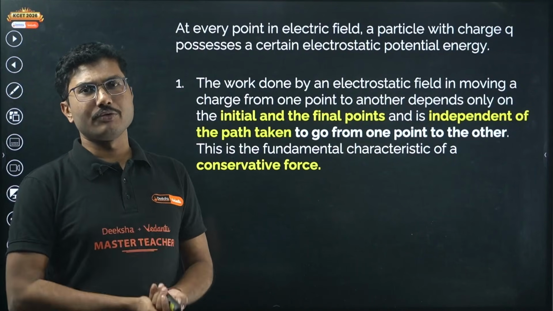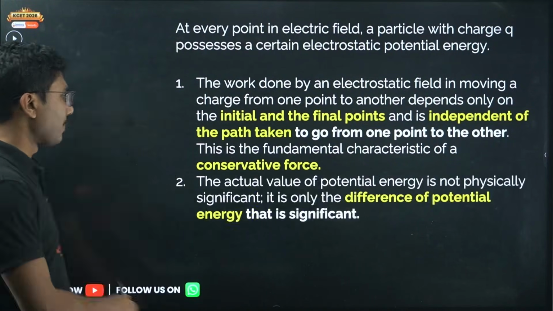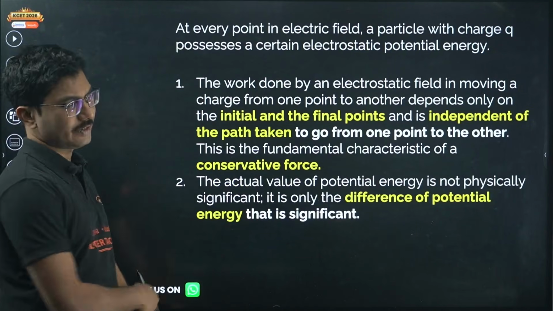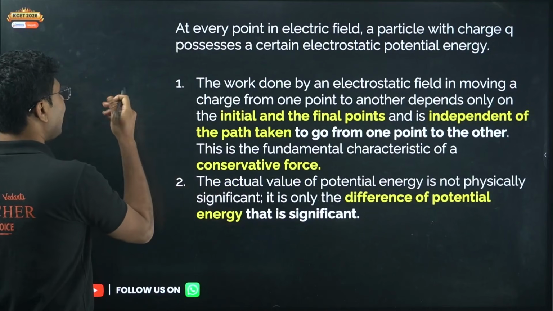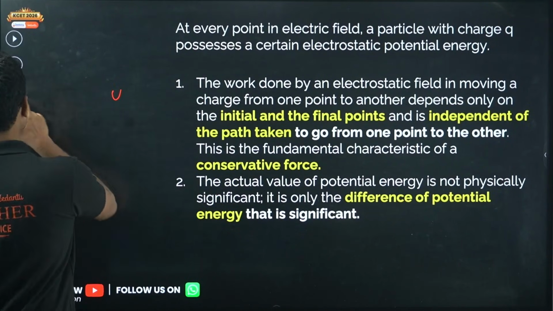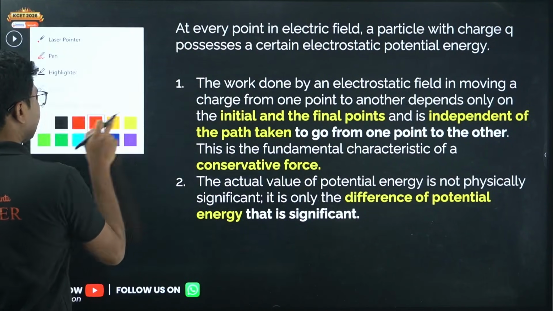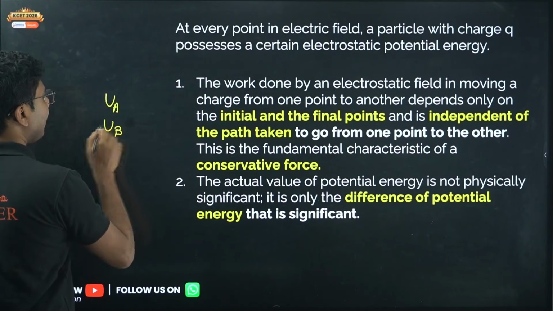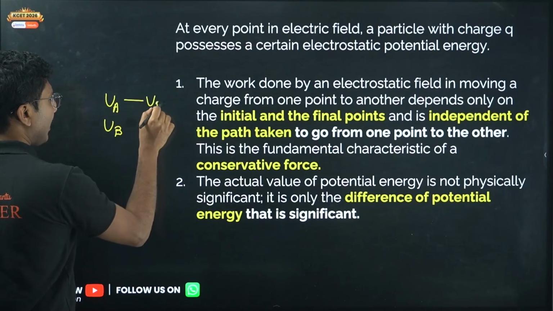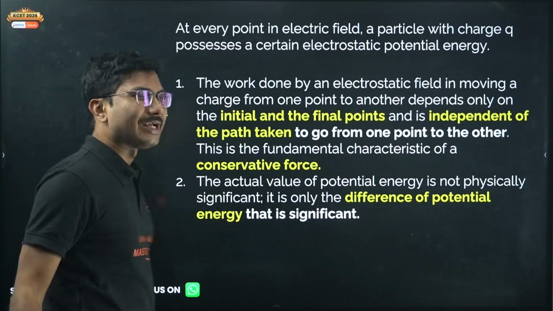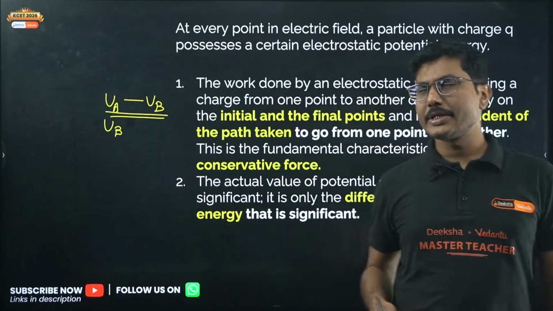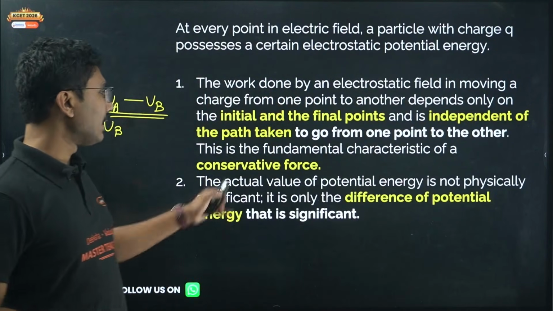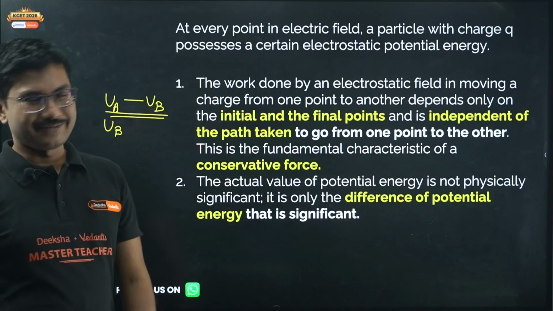So electrostatic force is a conservative force. The actual value of potential energy is not physically significant. So as I mentioned, UA and UB individually are not very significant, but the difference between UA and UB is significant. So exact values we are not super interested in, but the difference in potential energy we are very much interested in.